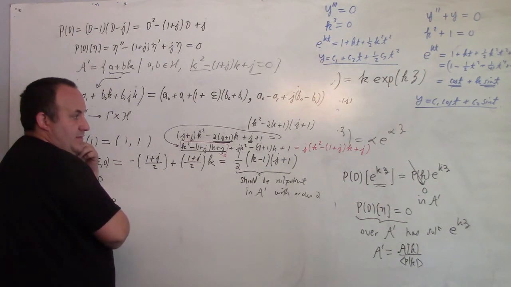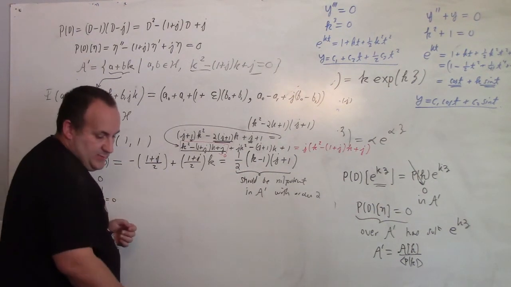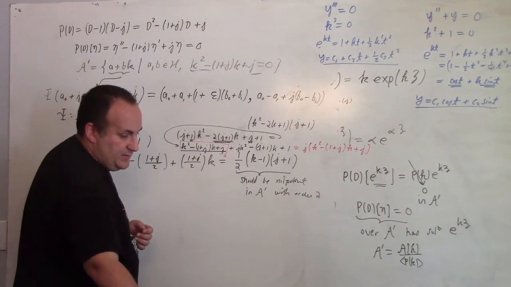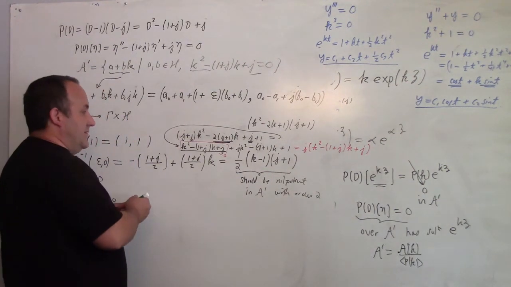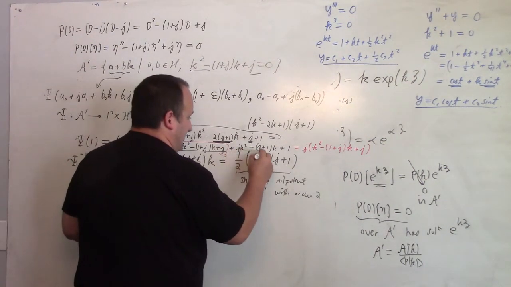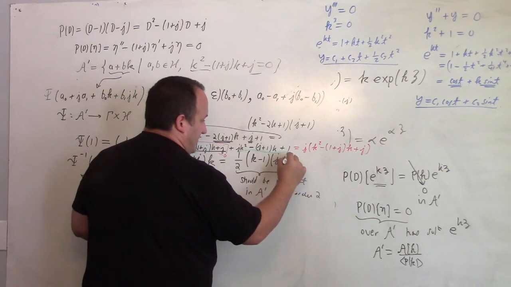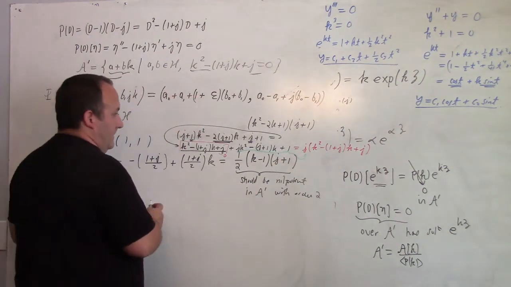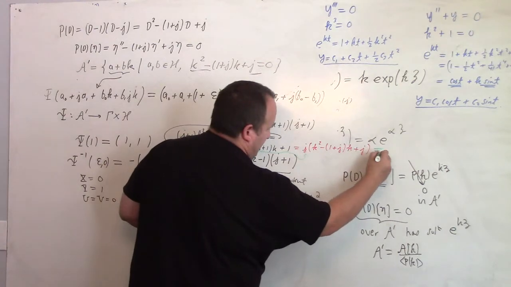Okay, but let me backtrack now. What I'm about to underline in green is also 0, but it's kind of hidden until you factor out the j, at which point you can see that that's also 0.